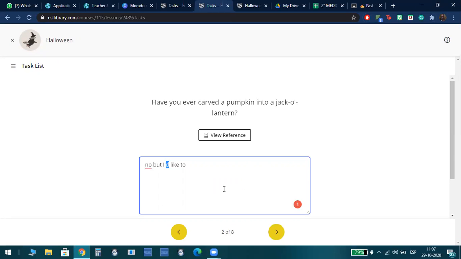Whenever you see an apostrophe and D, you have to check if we have a PP verb. If we don't have a PP verb, that could be would, or that could be could.